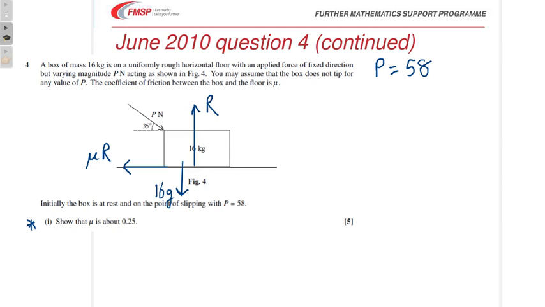Right, for this question then, we need to form some equations, the usual equations. First of all, we know that P is 58 because we've been told.